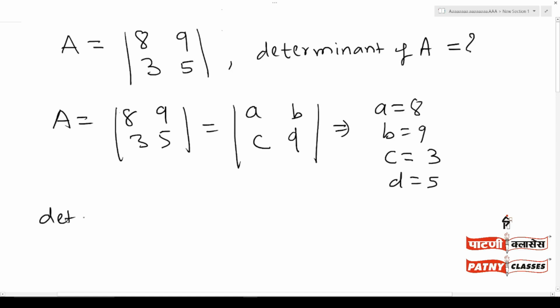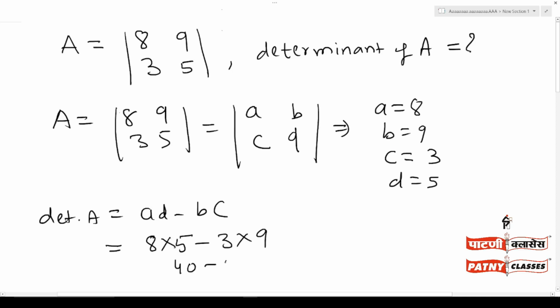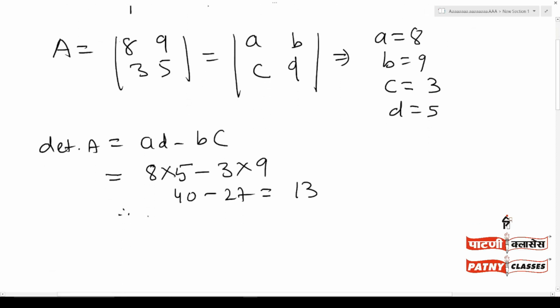Now determinant of A equals to AD minus BC. Putting the values, 8 into 5 minus 3 into 9, 40 minus 27 equals to 13. Therefore determinant of A equals to 13. This is the answer.